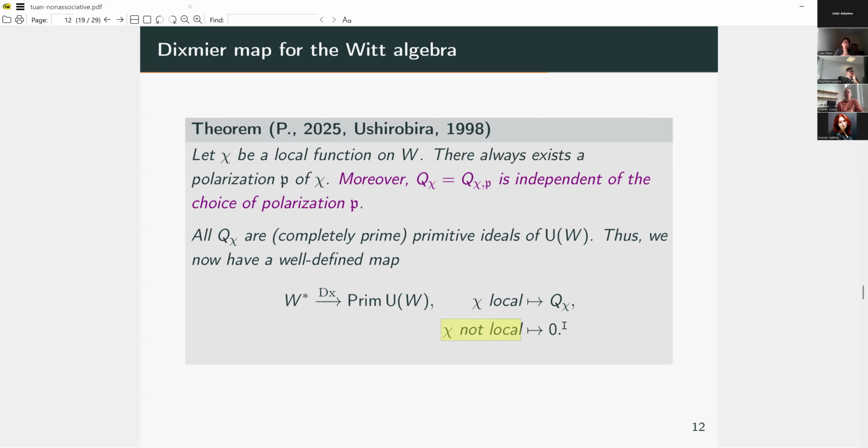So zero is a primitive ideal in Prim of U of g, and this is not a trivial result.